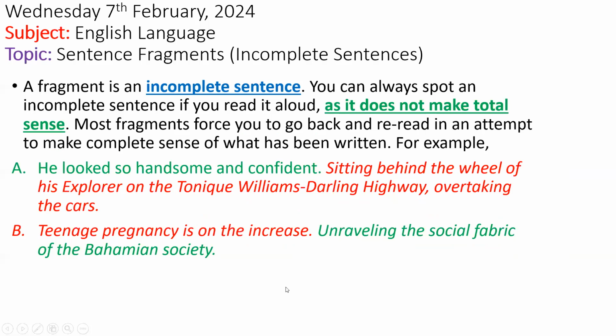So teenage pregnancy is on the increase. What did y'all put? Is that a sentence or a fragment? Come on, answer me. I'm not talking to myself. Sentence. Y'all sure about that? Yes, sir. Teenage pregnancy is on the rise.